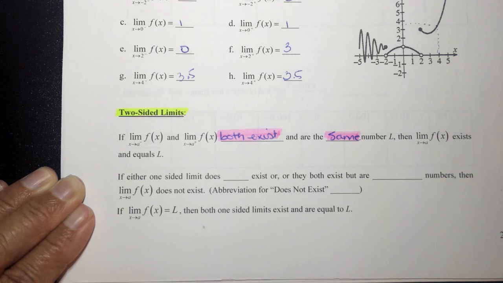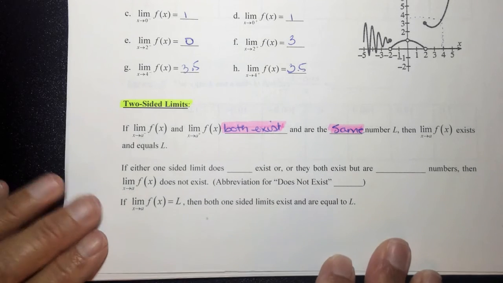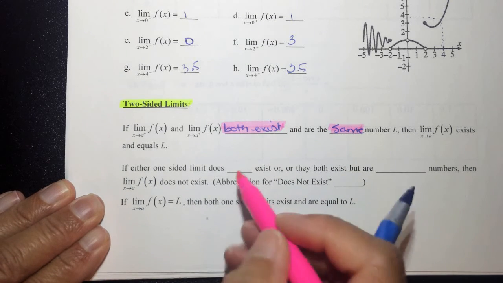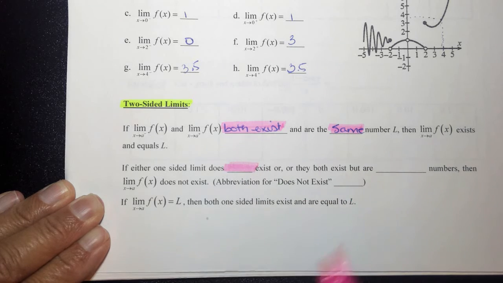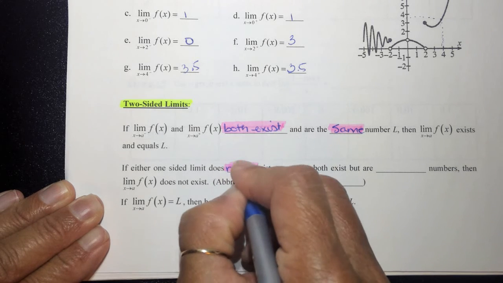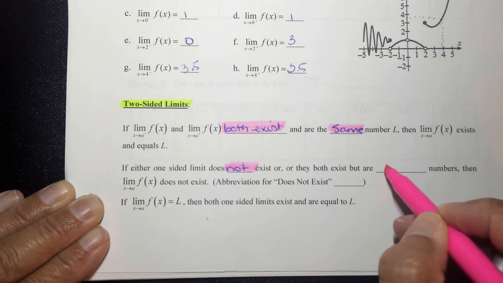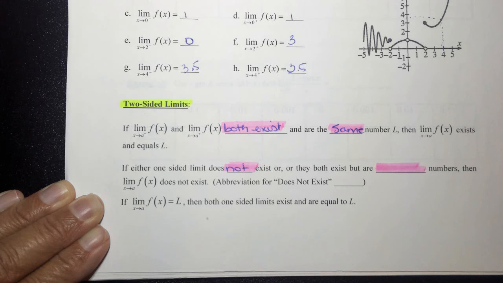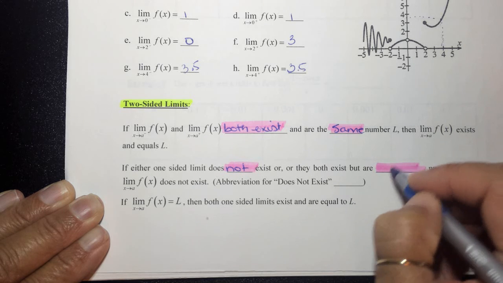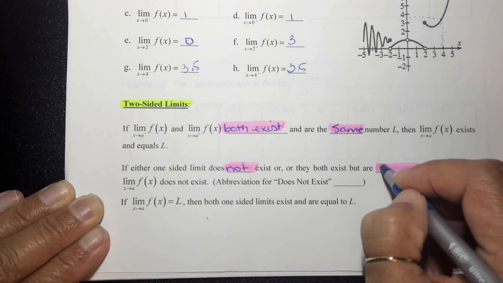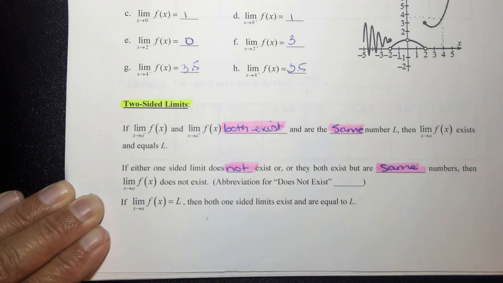Okay? So there is a small caveat. If either one-sided limit does not exist, or they both exist but are not the same number, then the limit as x approaches a of f of x does not exist.